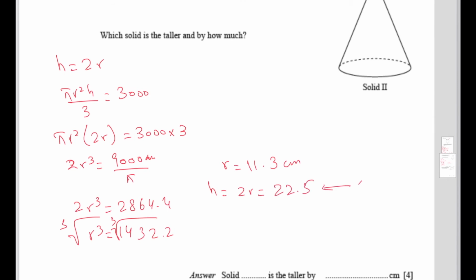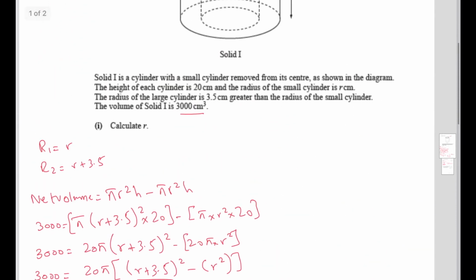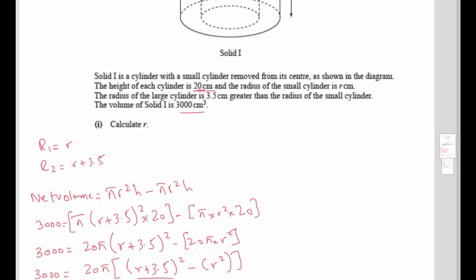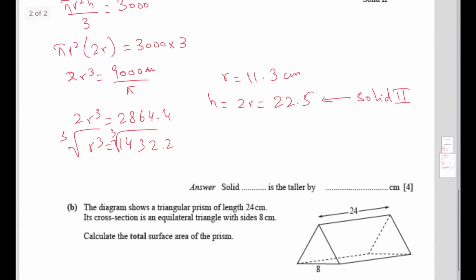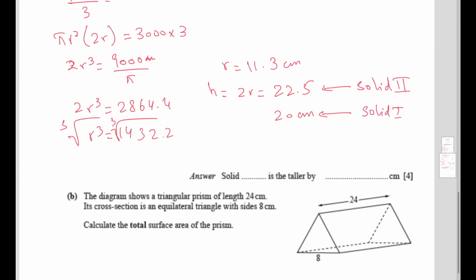This is for solid 2. For solid 1, the height was 20 centimeters. So we write 20 centimeters for solid 1. And of course, solid 2 is taller. Solid 2 is the taller by 2.5 centimeters. When you subtract, you get 2.5 centimeters.